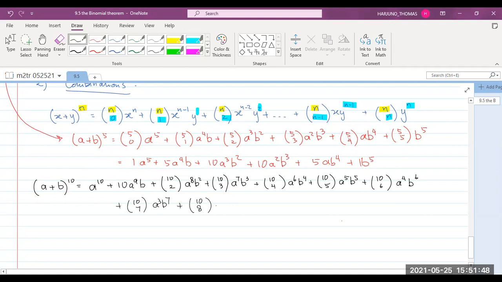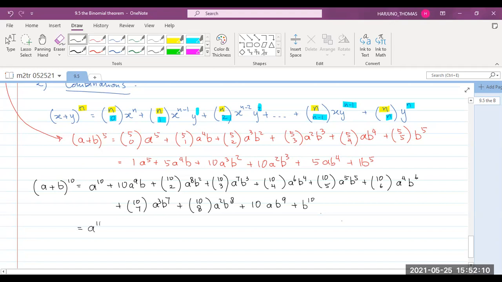I just write them down. I don't compute anything yet. At least I get the pattern and the coefficients. Now, put in the pattern.